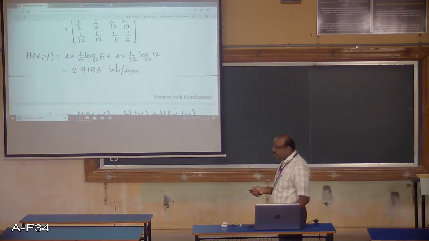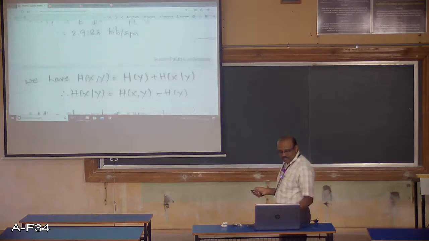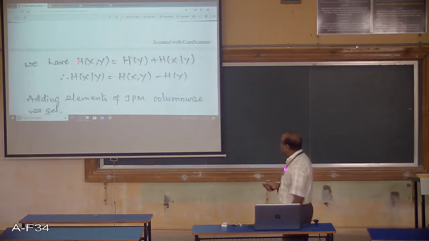Using this joint probability matrix, we can compute joint entropy and use the relations between entropy functions.